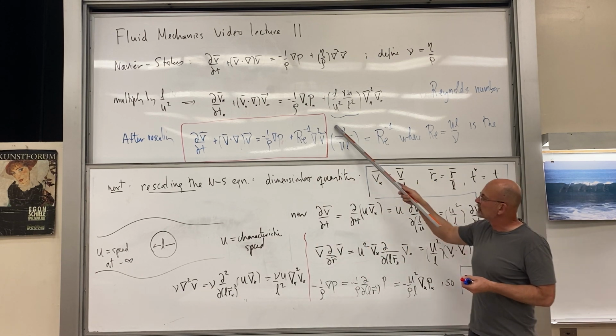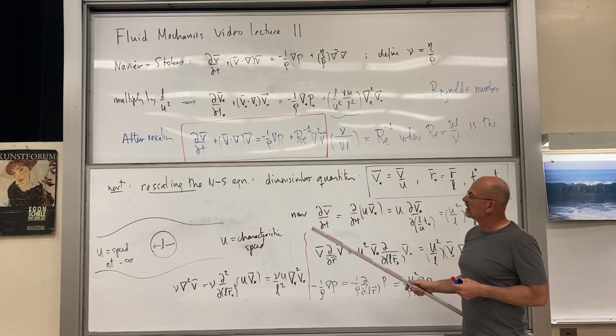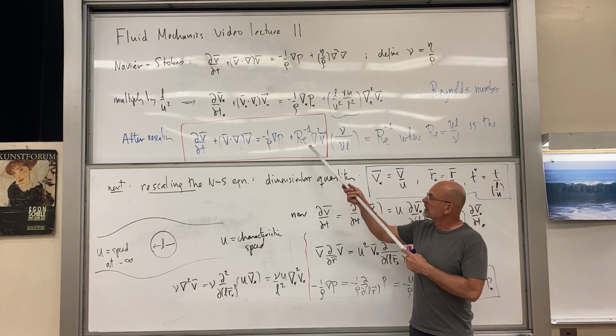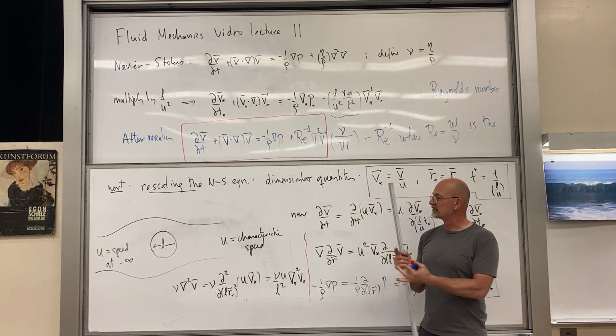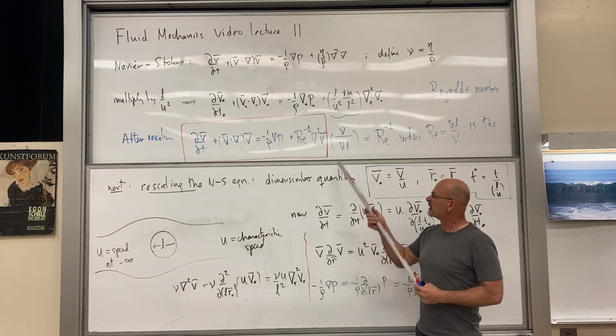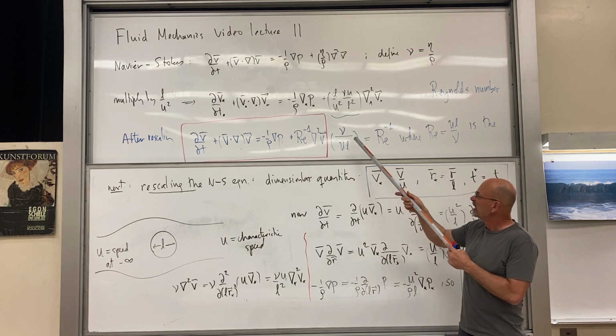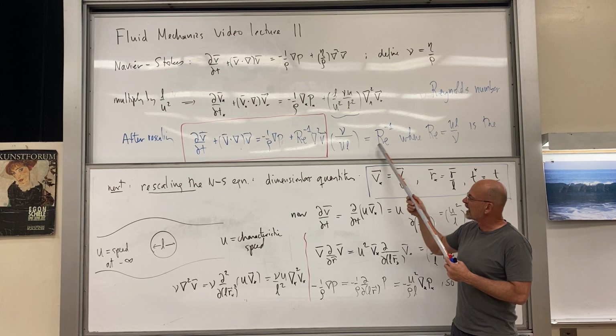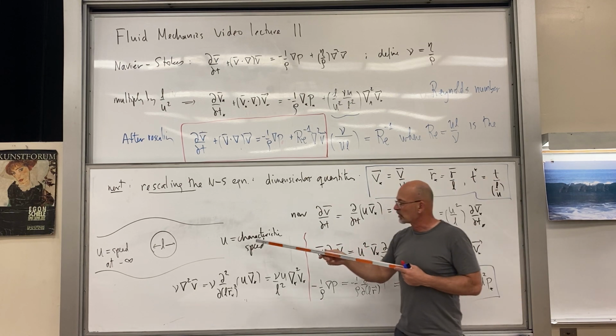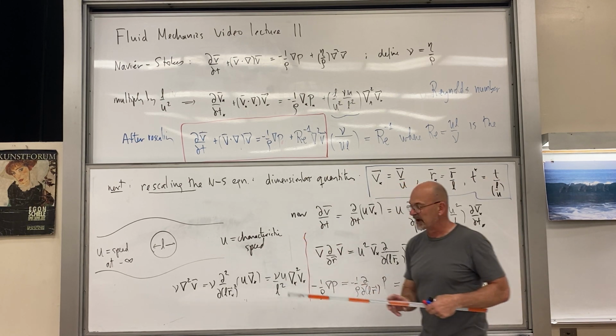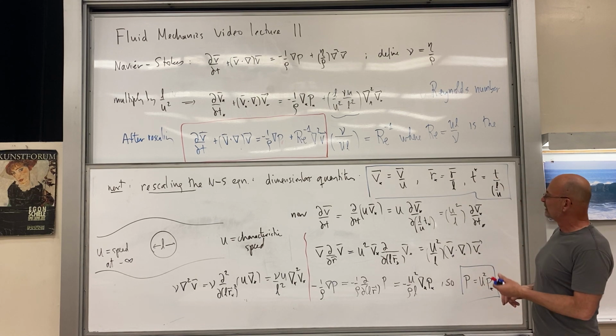So it's very, very useful to be able to rescale these equations. And if you do the more general equations, including temperature and frequencies and other things, then there's a whole list of these numbers that allow you to rescale your systems. So that is very important.